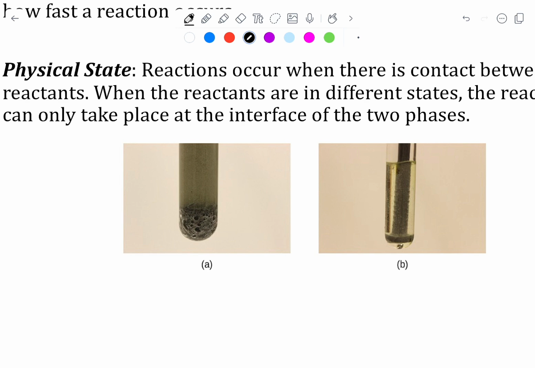So I have a reaction here where I have iron in two different forms. First, I have granules. Okay, so if we were to look at this before we put liquid in there, it's just like a little bunch of granules of iron ground up.